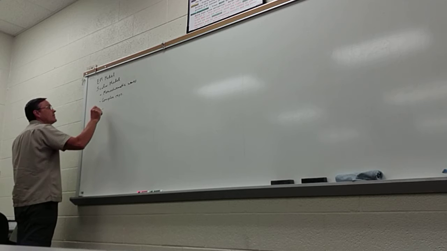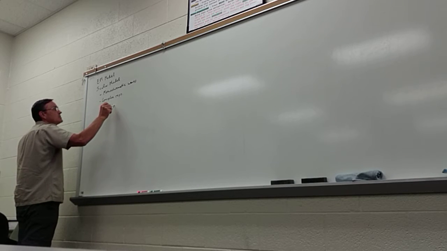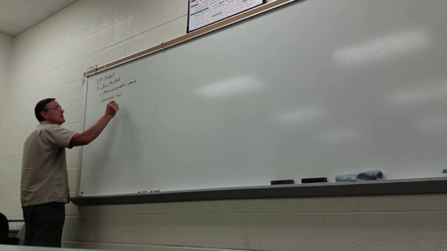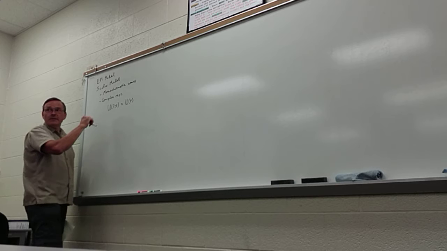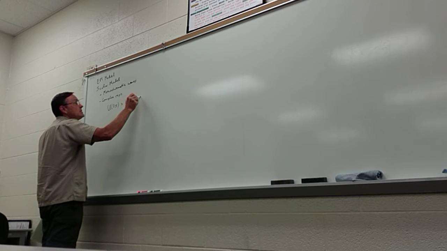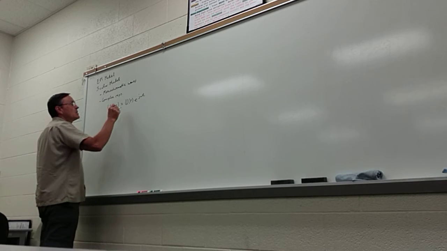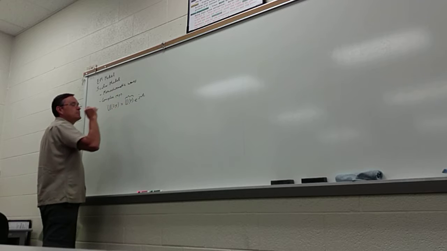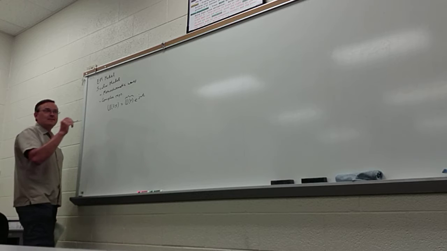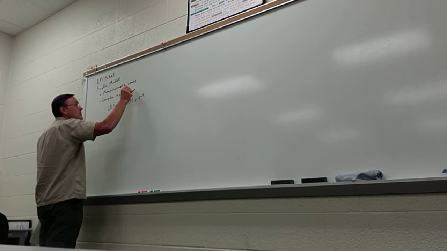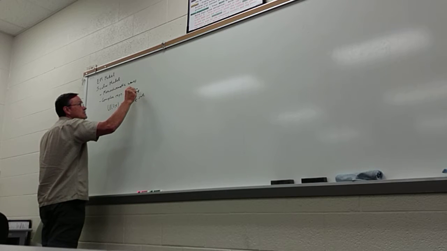And so we said that the complex representation of the field is equal to some complex amplitude times e to the j omega t. So what's the name we gave this piece? Complex amplitude. So terminology again.